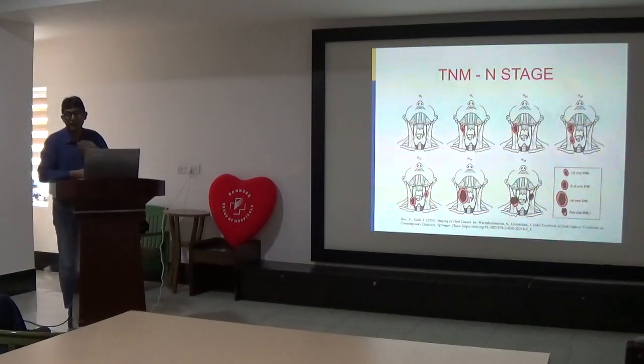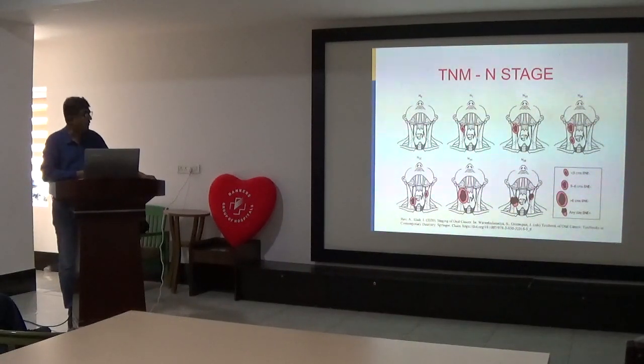So when we write, say, T2, N1, M0, T2 is the size of the tumor, N1 is the node which is there. So this N0 is no clinico-radiological node which is visible or palpable in the neck. N1 is a node which is there in the ipsilateral neck.